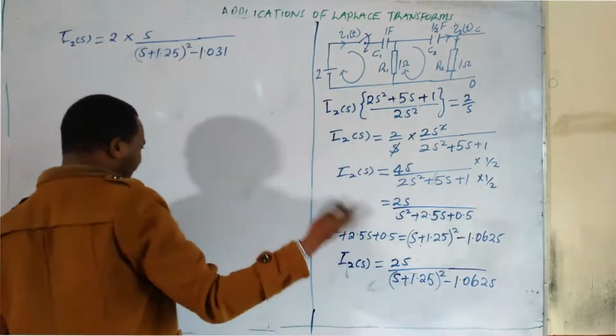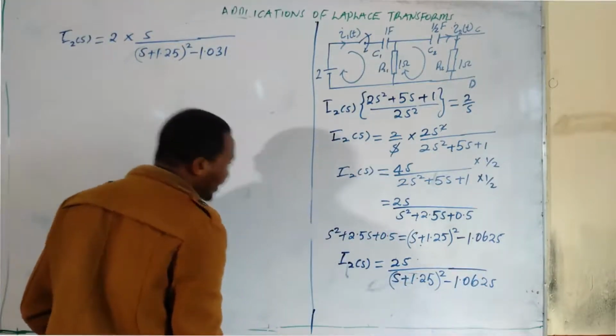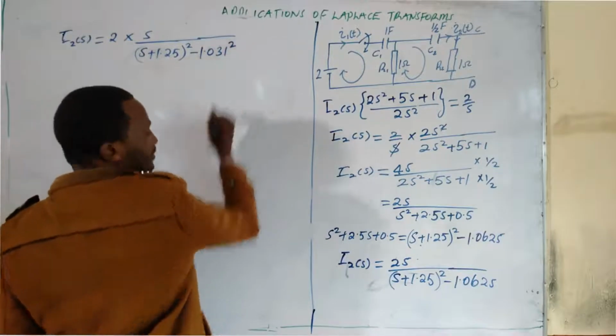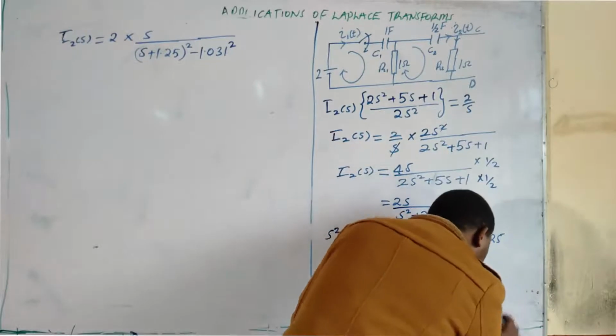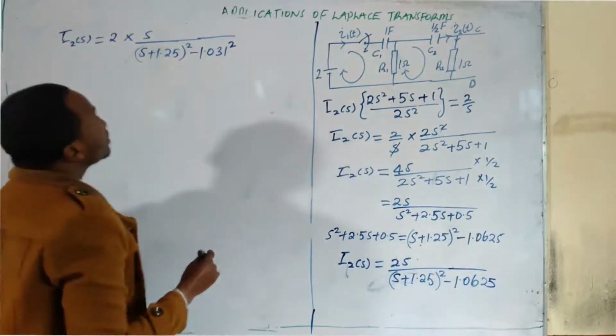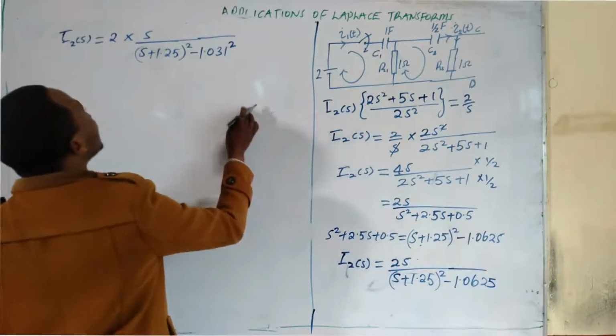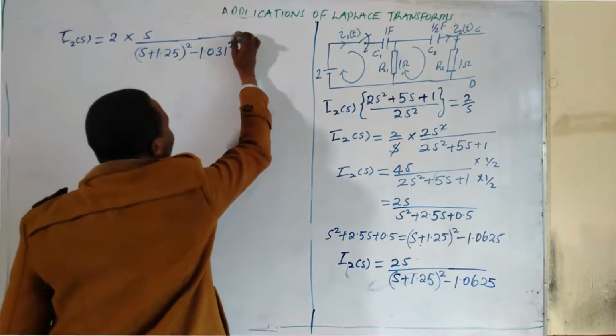To get back to 1.0625, you have to square. Let's make this one not look like an s. Squared. So now we are ready to get the inverse Laplace transform.